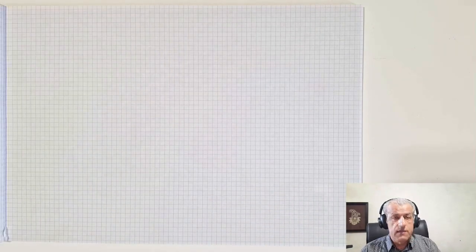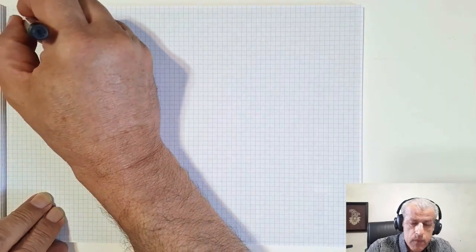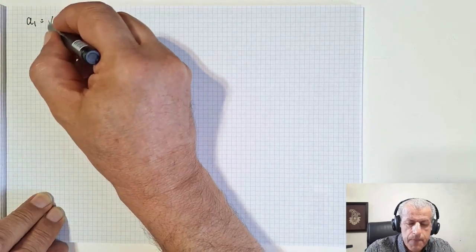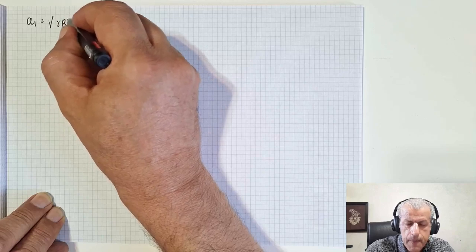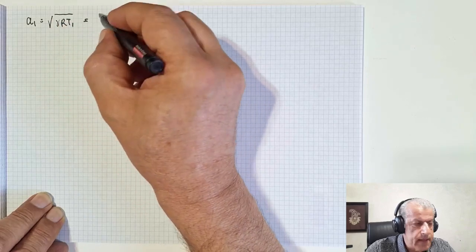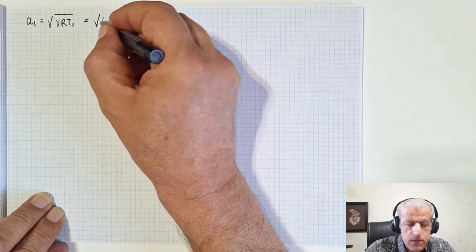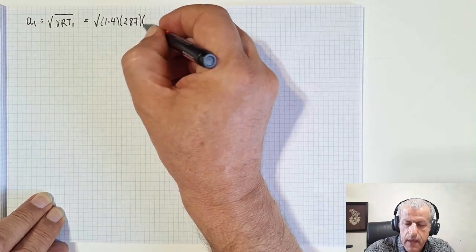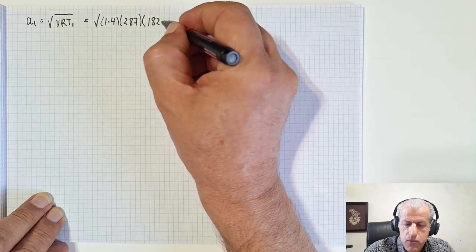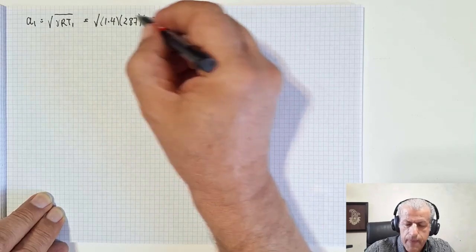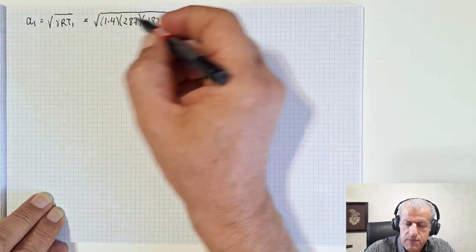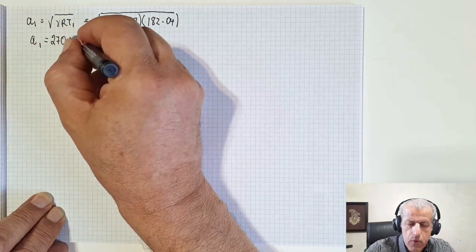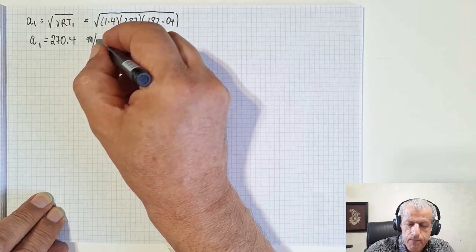What we do is that a1 equals the square root of gamma R T1, and that equals the square root of 1.4 times 287, and this time times 182.04, and the speed of sound a1 would be 270.4 meters per second.